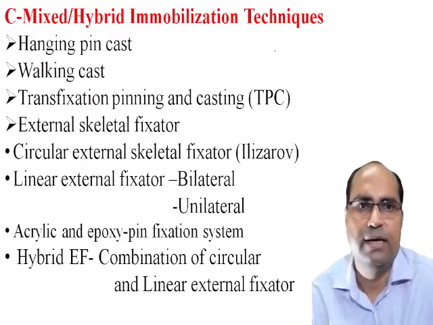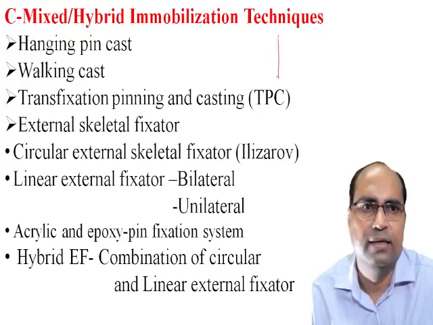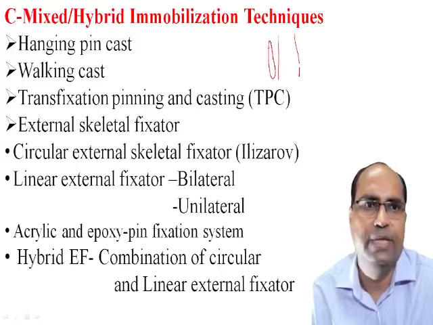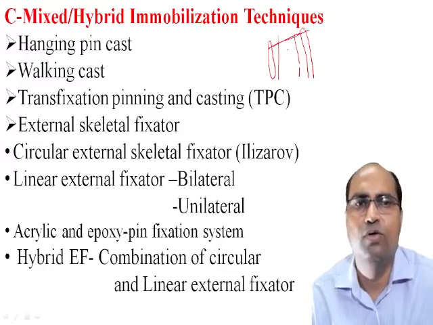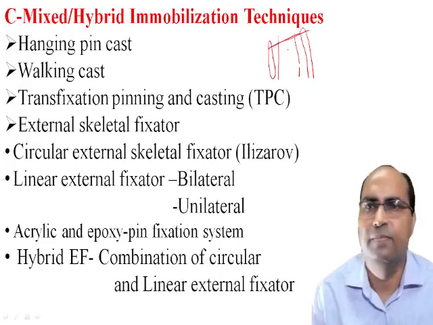In this type of technique, the major portion is outside the skin and pins are pierced percutaneously into the bone in the proximal segments or distal segments as per the requirement or as per the technique.